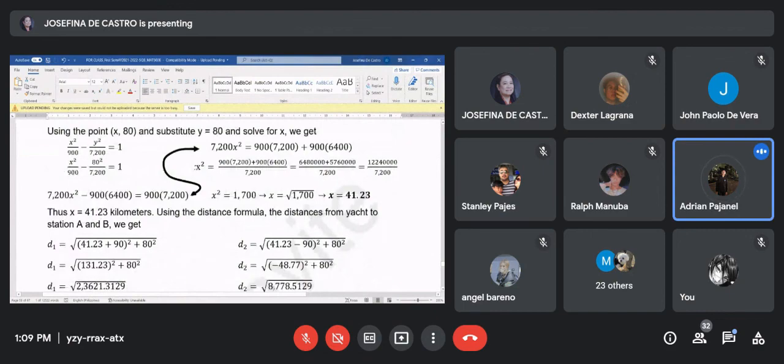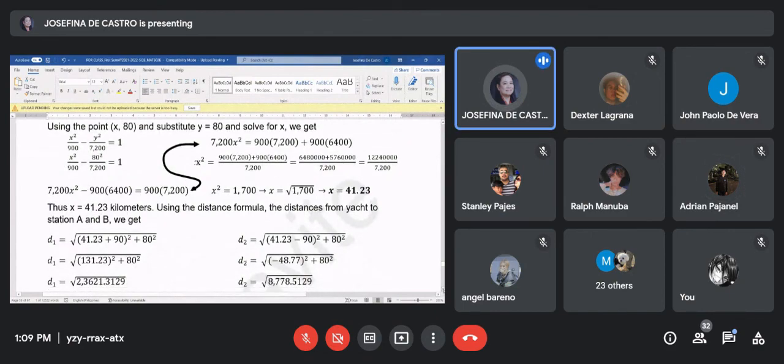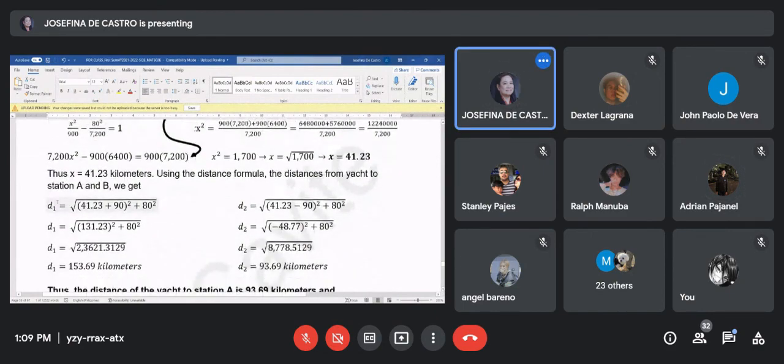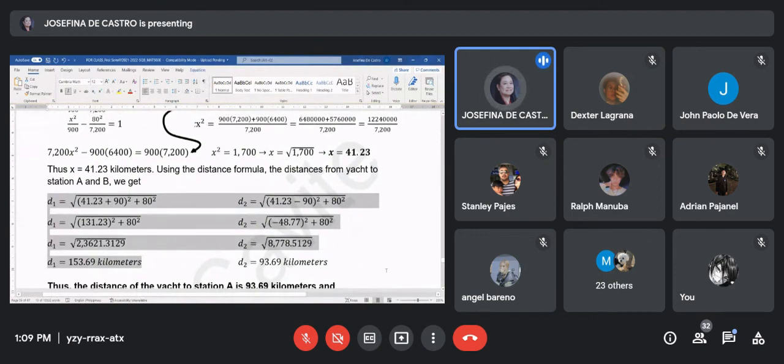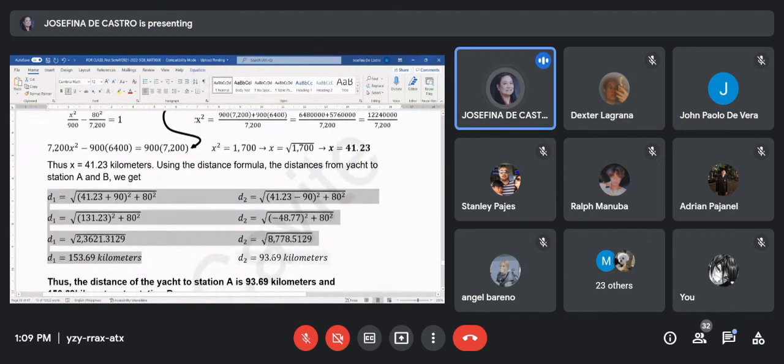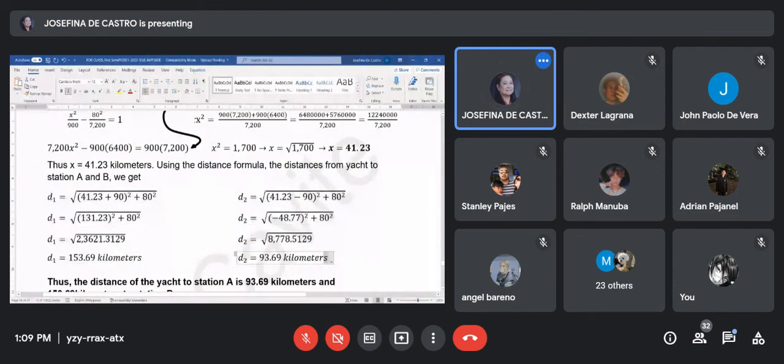Opo. Okay. So, ito na po yung distance formula. Si D1, ito na po siya. Ayan. Paano yung distance formula?